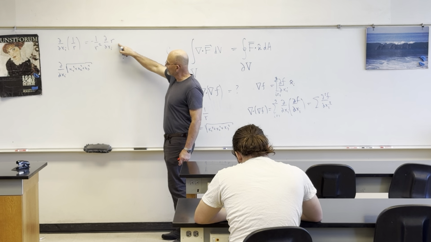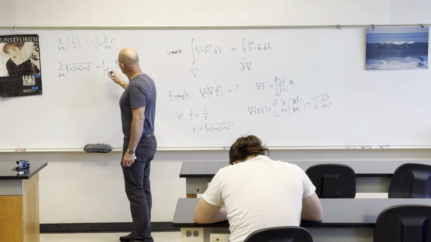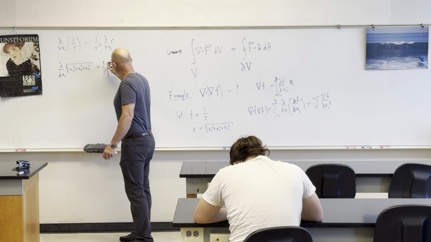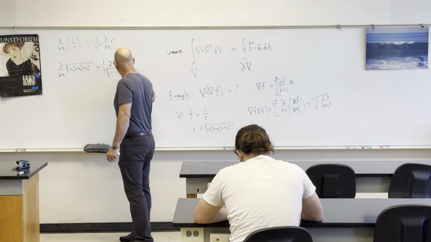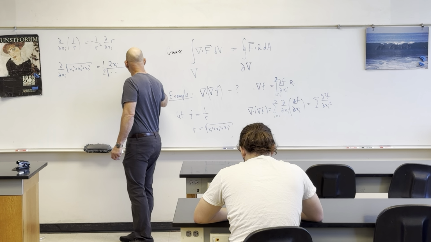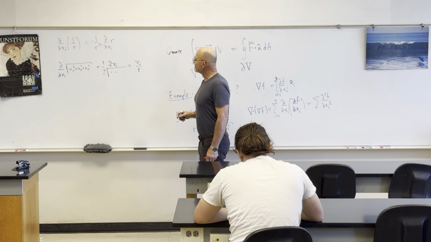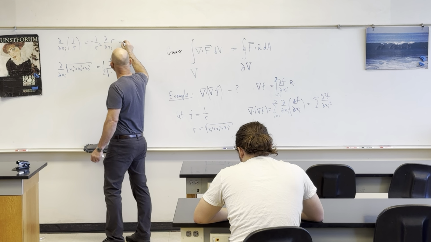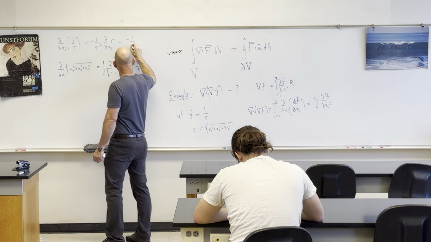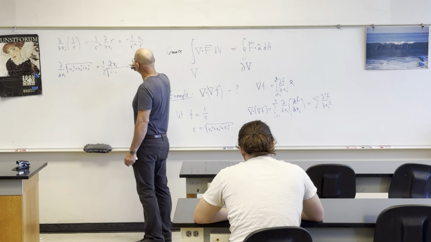That's what that r is, right? So that's 1/2 times this thing to the minus 1/2, and then whichever one is the ith index there, 2x_i. So that's x_i over r. So here's what we have. Equals minus 1 over r squared times x_i divided by r.